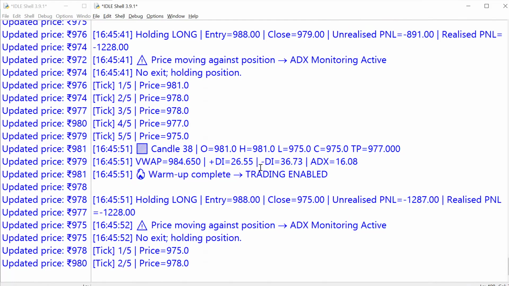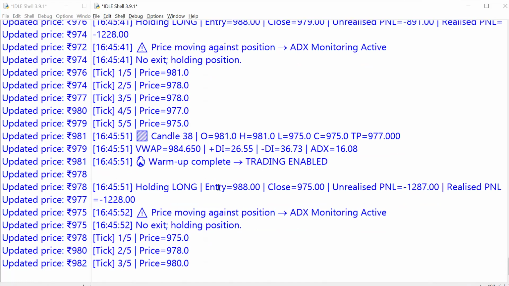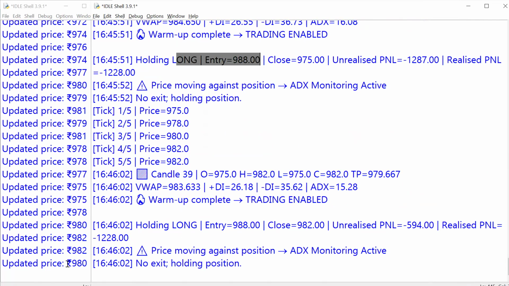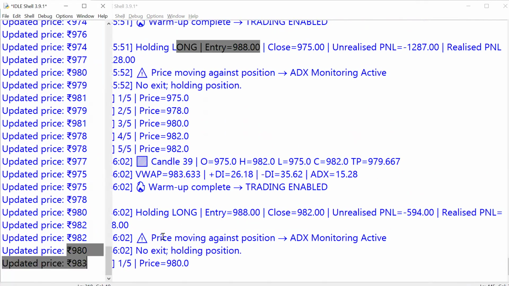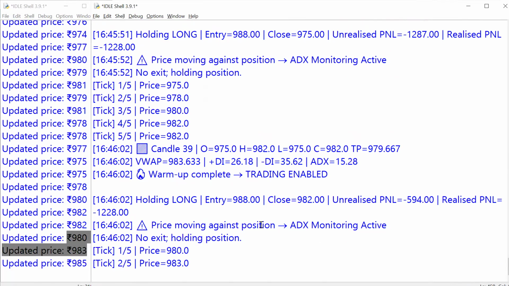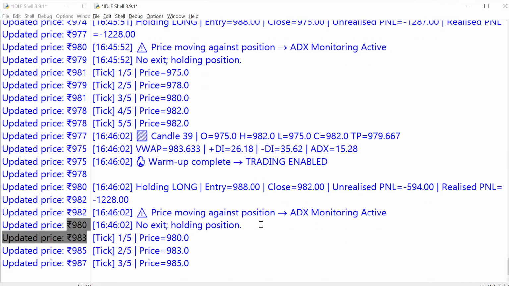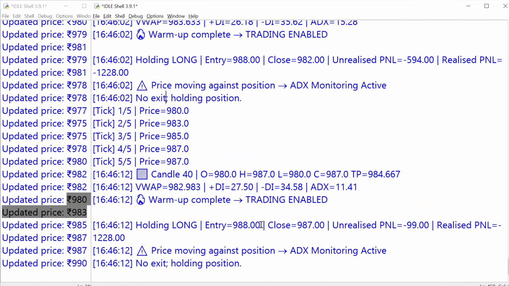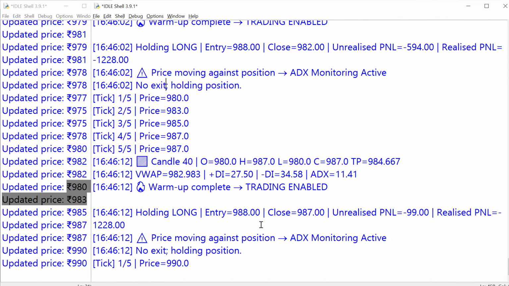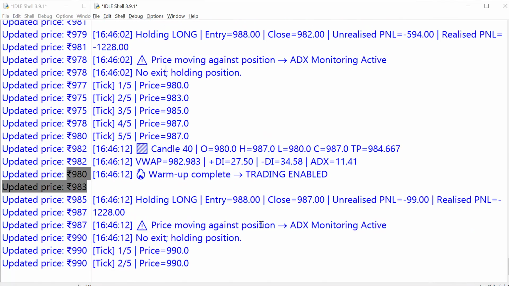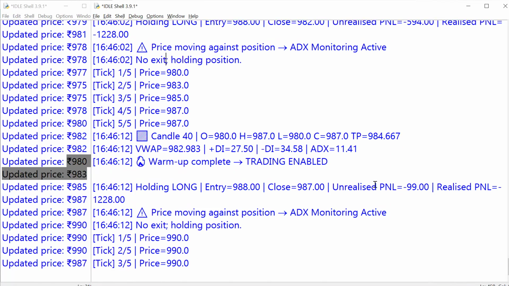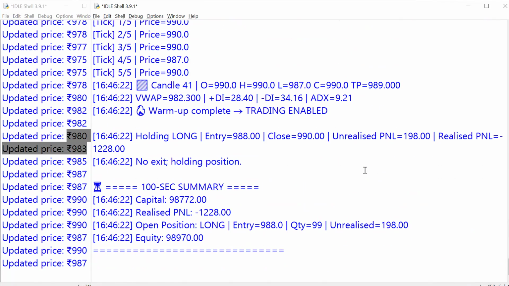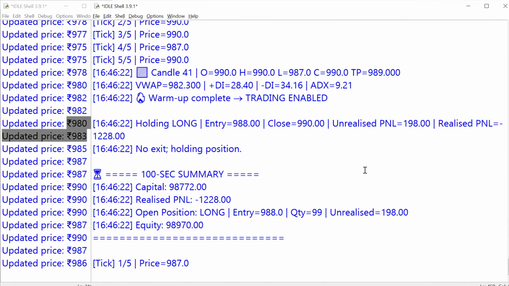See, ADX is still monitoring because we are holding a long position at 988 and the price is below 988. So ADX is monitoring that if the trend has reversed, then ADX is going to book the loss. Okay, we have unrealized profit that increases.